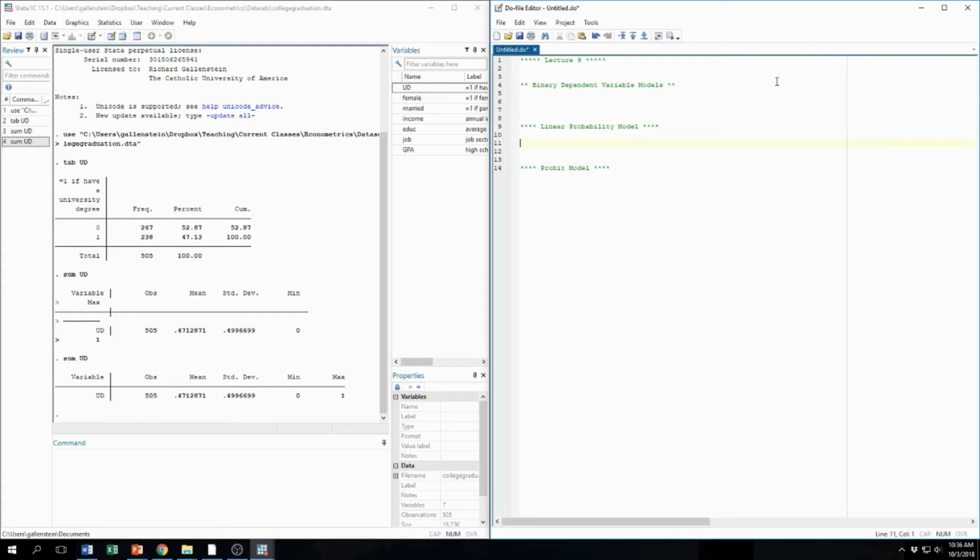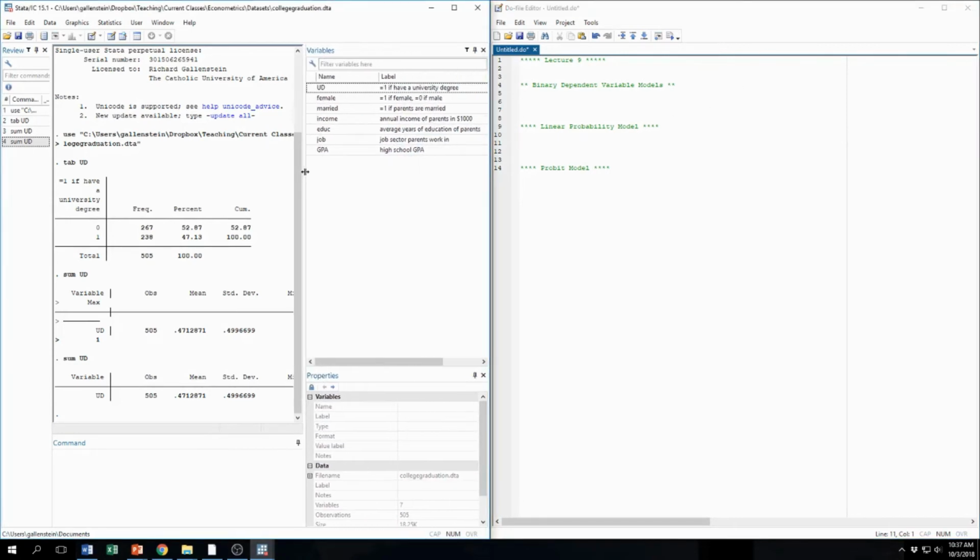Okay, so now when we're using a linear probability model, we're going to apply a lot of the things we've already learned in class so far. When we build a model, we use our theory and intuition about what we think the important variables are that will determine the probability that someone will have the university degree.